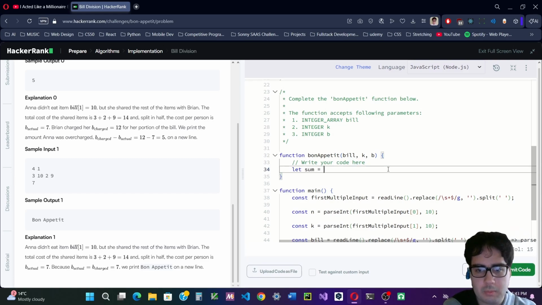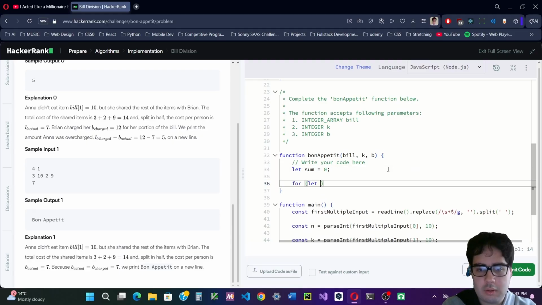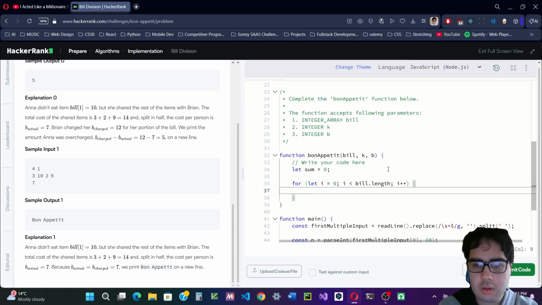So let i get 0, i less than the length, i plus plus.